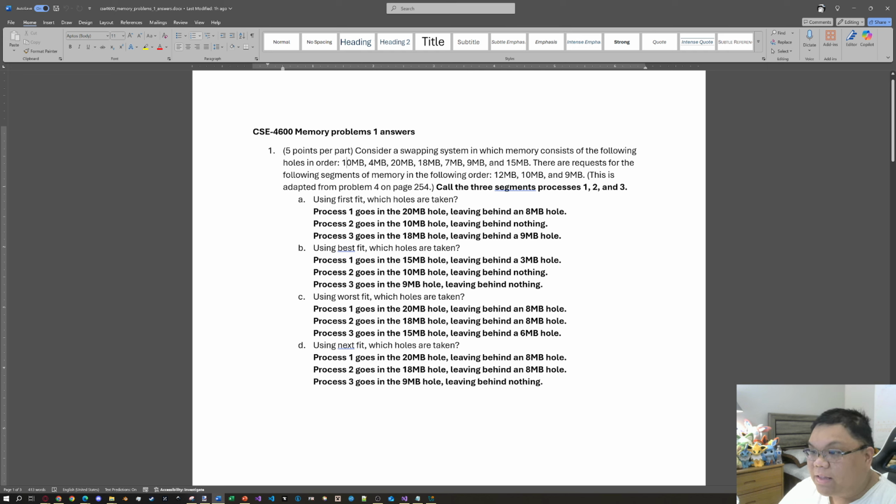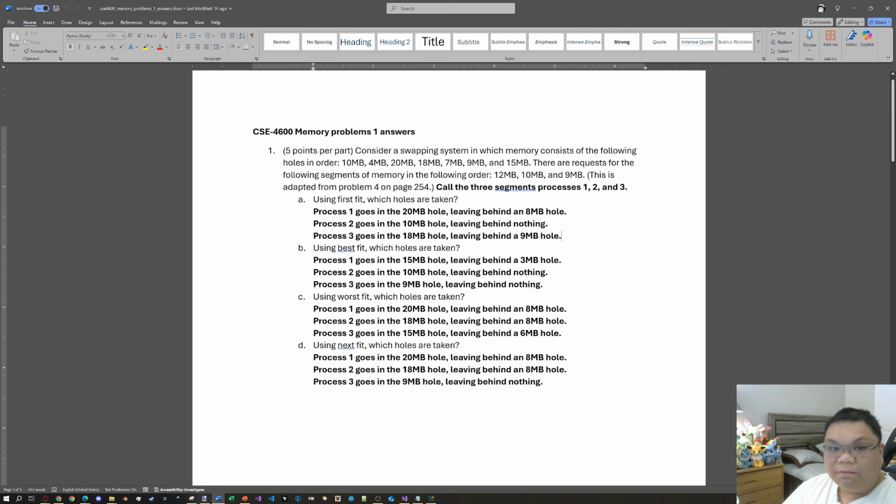Also keep in mind that when these processes go in the holes, they leave behind smaller holes. When process 1 went into the 20 megabyte hole, it left behind an 8 megabyte hole. Process 2 left no such hole behind because it perfectly fit. Process 3 left behind a 9 megabyte hole when it went into the 18 megabyte hole. So that is first fit.